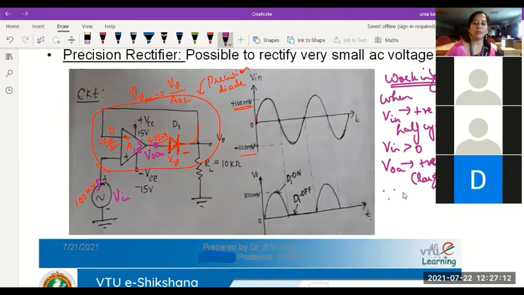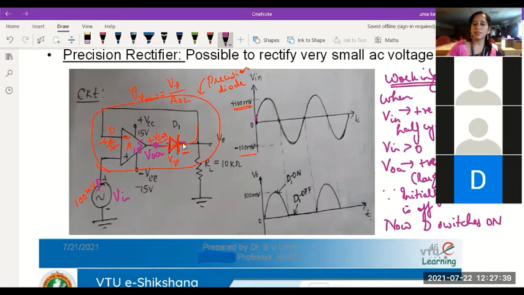Why does this happen? Because initially, D is off. Initially, the diode is off. As soon as the input starts increasing and this becomes positive, we know this negative cathode is connected to the negative terminal, so naturally the diode switches on.